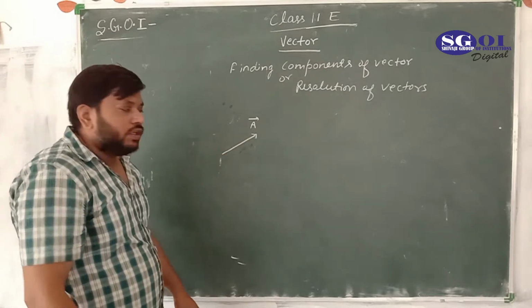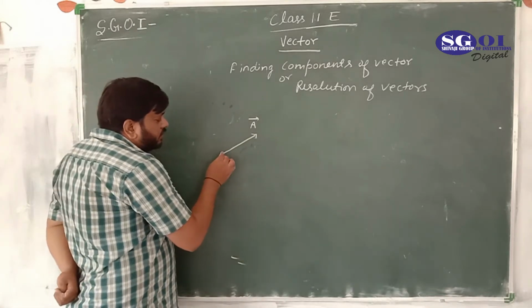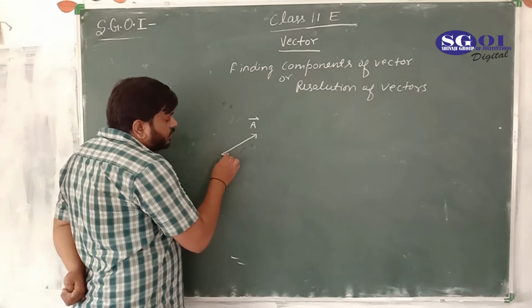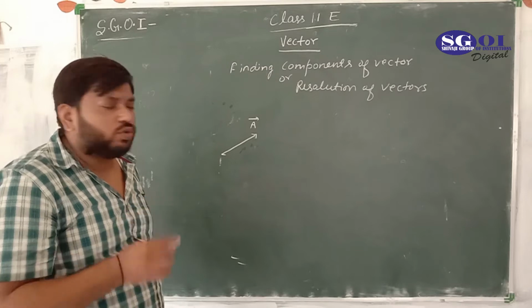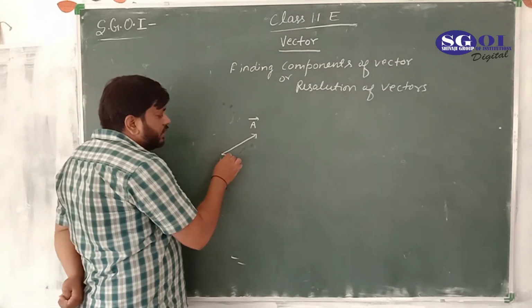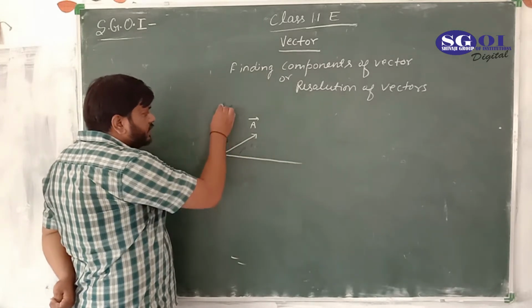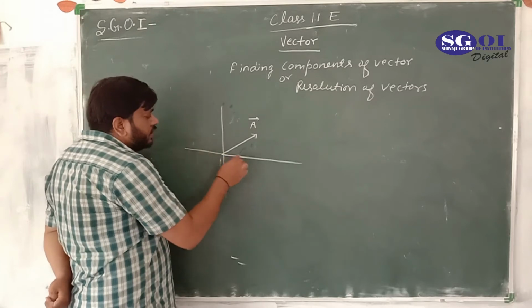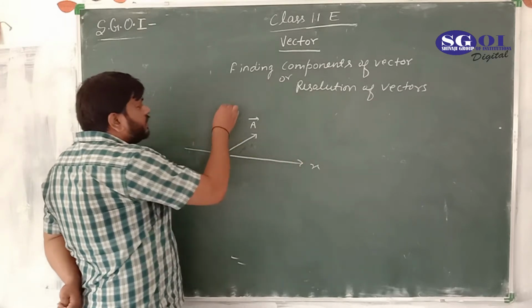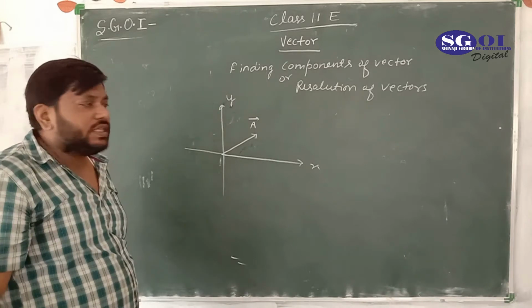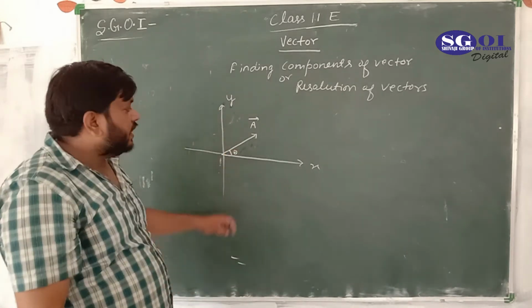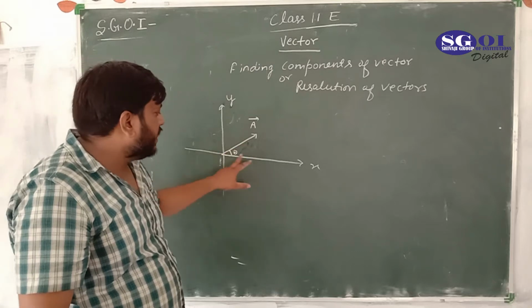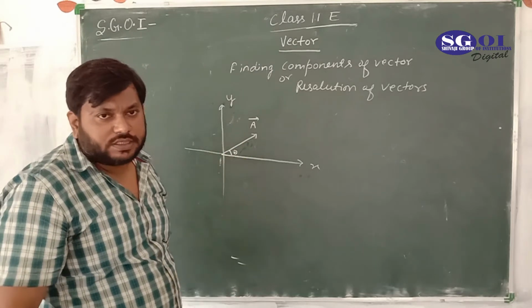For that, suppose we want to find the horizontal and vertical components. If it is a 2D vector, we can say this is the horizontal axis, the x-axis, and this is the vertical axis, the y-axis. Suppose this vector is making an angle theta with respect to the x-axis.